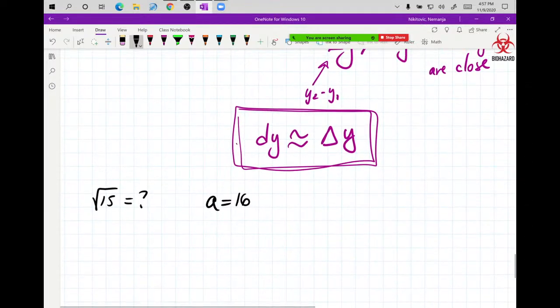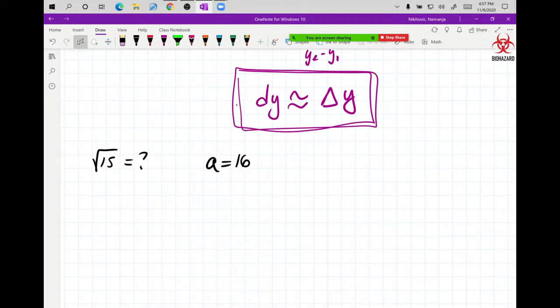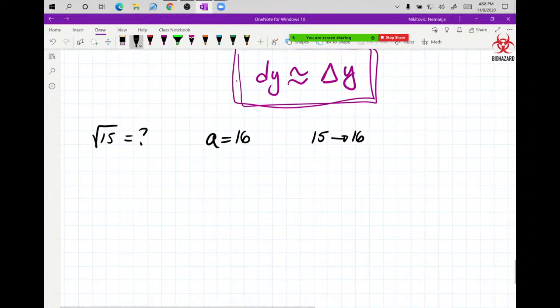Now, do you see how the input number changed from 15 to 16? And since there is that change there, that will trigger the change in y. So I can just compute the root 16 and subtract the change, and I will get the approximation for root 15. But let's get there.